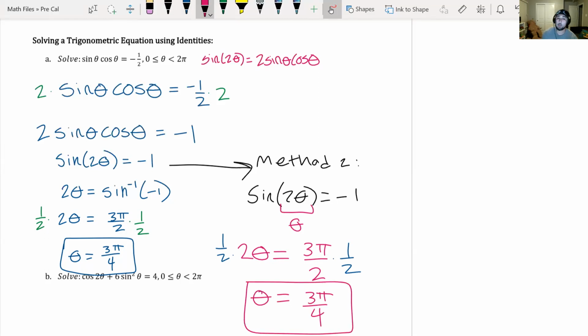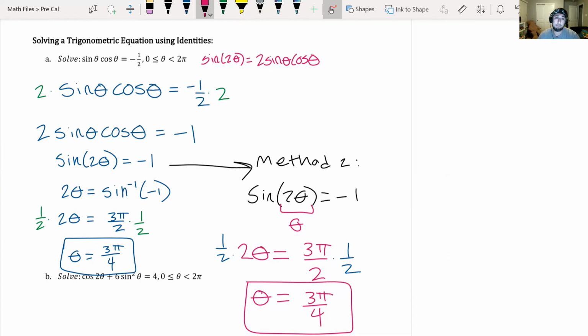So method 2 is probably the best bet because you don't have to go to negative restrictions and have to bring it back to the unit circle. But if you understand that process, all good. Either way, you see we get the same exact answer.